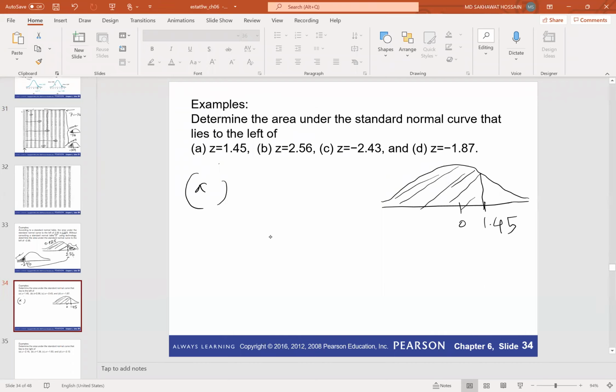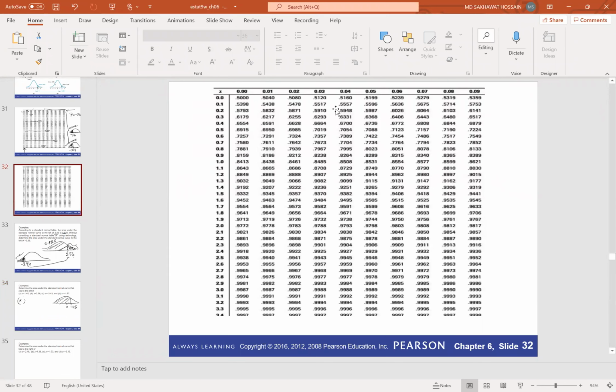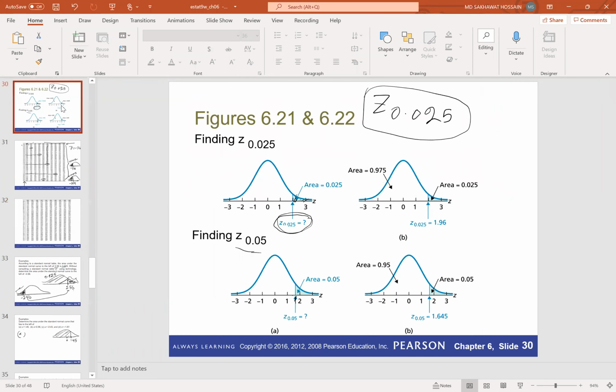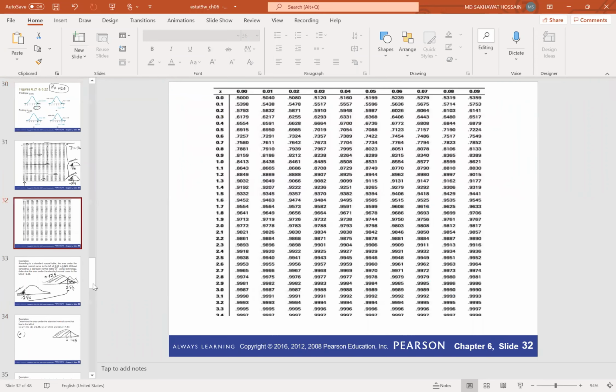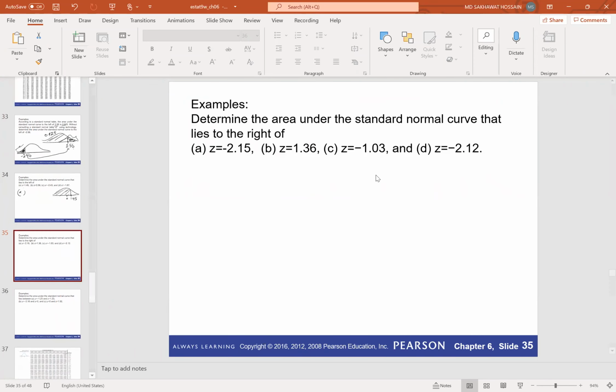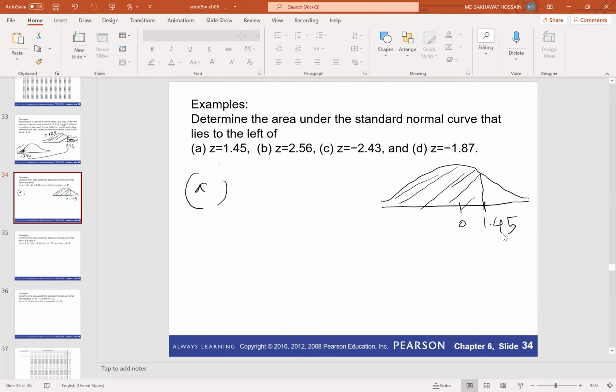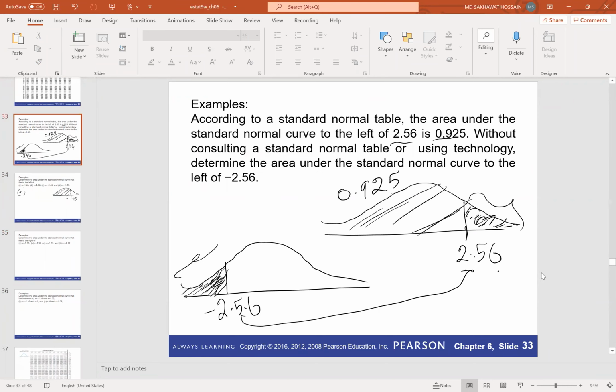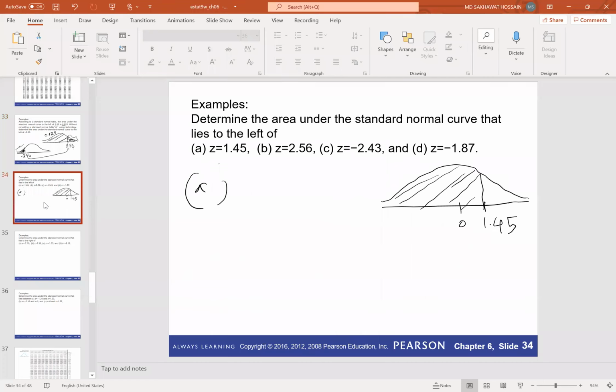So now we'll find the area to the left of 1.45. So how can we calculate this area? We also have the z table for the positive number. So this is the z table for positive z-scores. Since our z-score is positive, we have to look at the z table for positive z-scores. So this is 1.45.